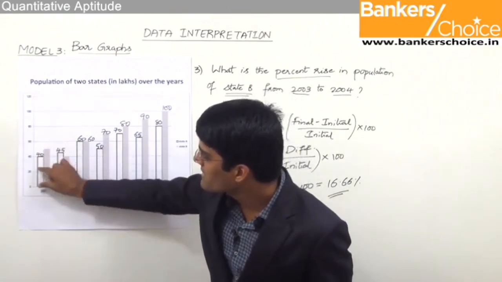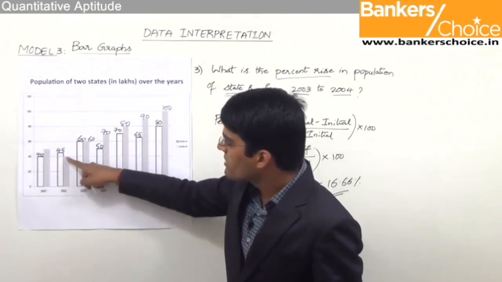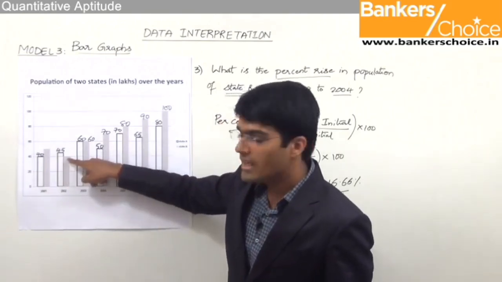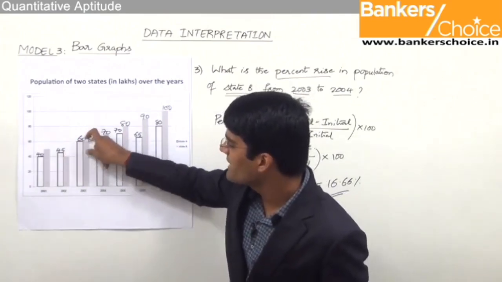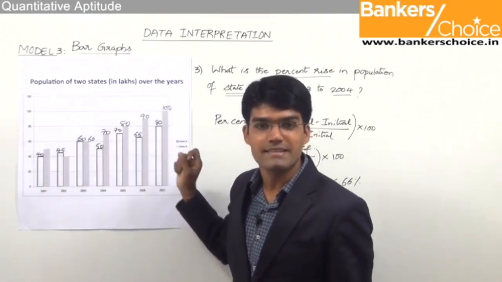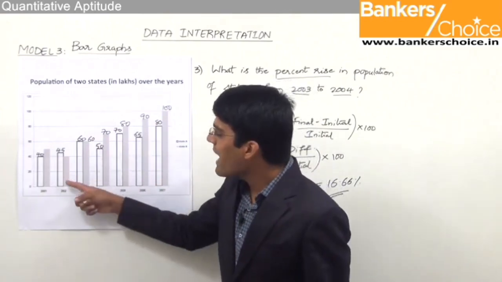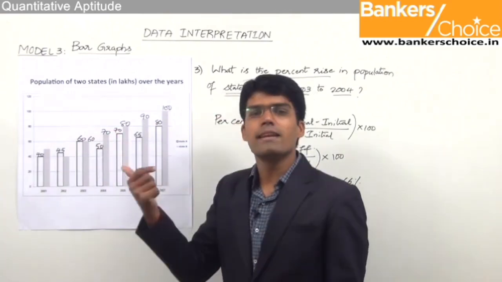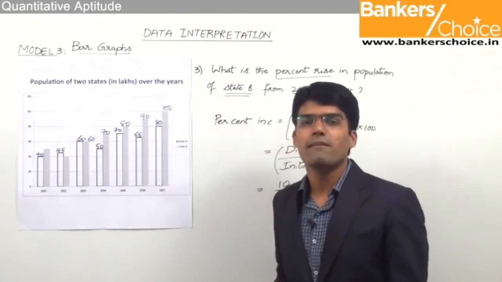Let us assume the distance between 2 consecutive lines here is 1 portion. So in 2002, population of state B has got 2 portions. And in 2003, it has become 3 portions. That means half of this length has come here. Half of length has increased. Half increment is nothing but 50% increment. So as the bar has increased by half of its length, we can directly say that it is 50% increase in population. We did not even look at the values there.